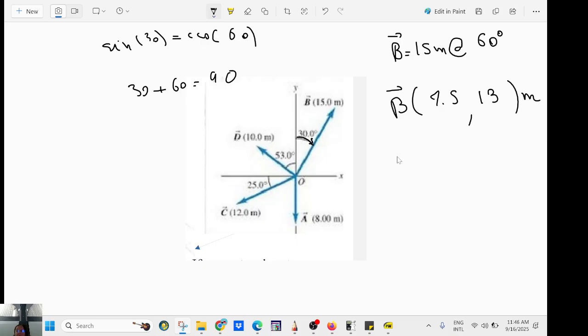Okay, so if you have C, for example, it has a magnitude of 12 meters at what? 180 plus 25, which is 205.